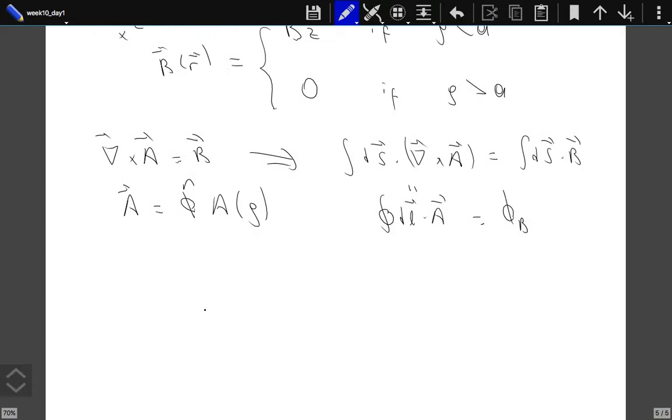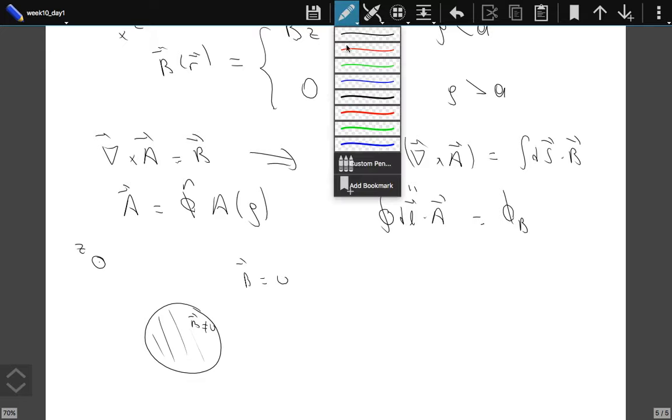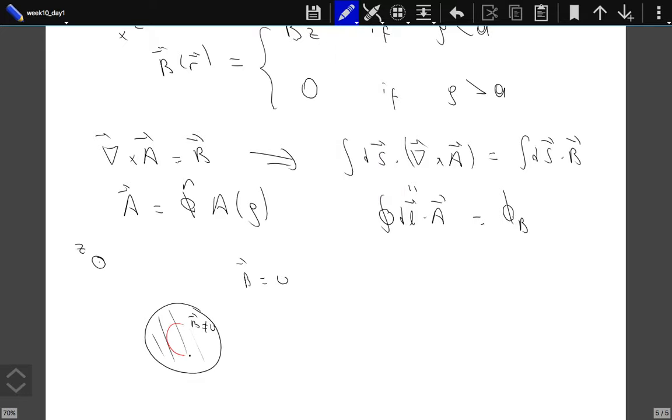So let me just look at it from the top. The z-axis is out of the screen. This is the region where I have some non-zero B. Here B is 0. Now let me consider such a loop.